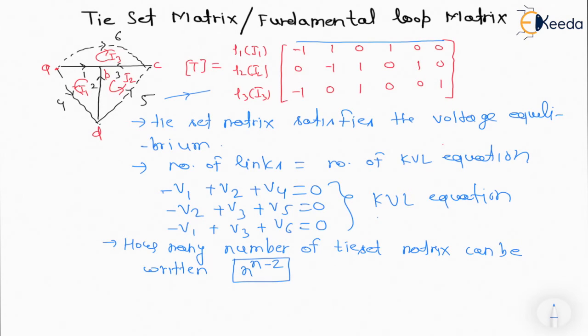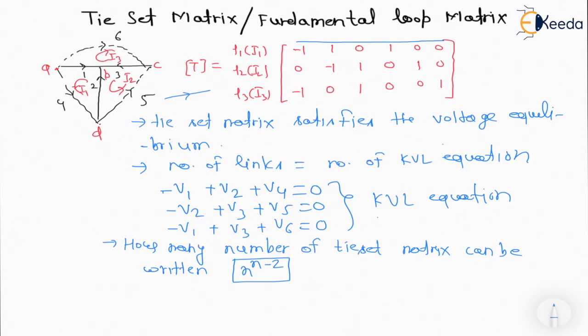So the number of trees will be equal to the number of tie set matrices. So the number of tie set matrices will be equal to n to the power n minus 2 for a complete graph. And if the graph is not complete, then we will find the reduced incidence matrix, and with the help of the reduced incidence matrix we can find the number of trees. After finding the number of trees, we can say the number of tie set matrices we can write.